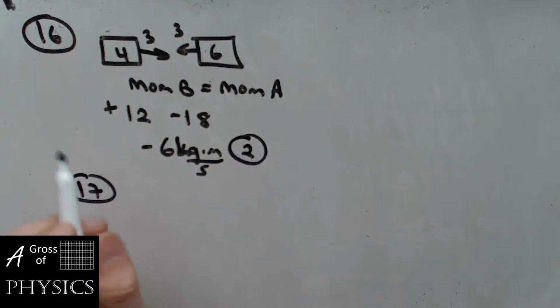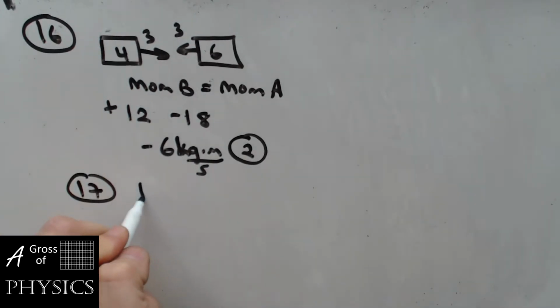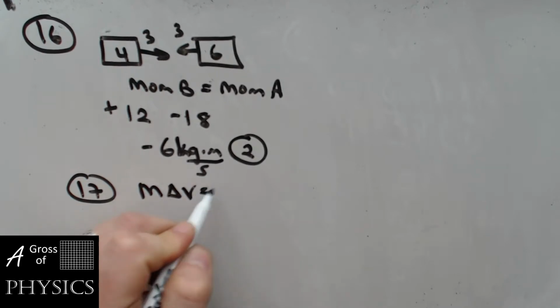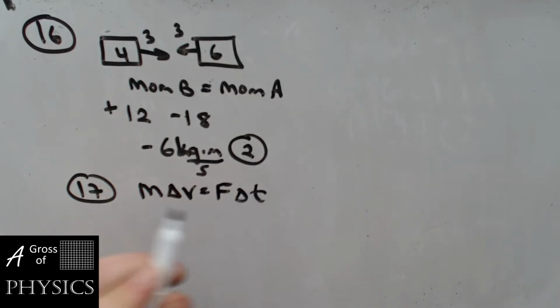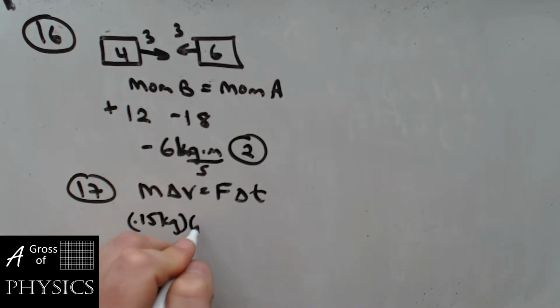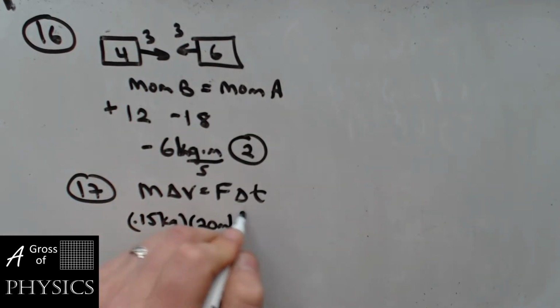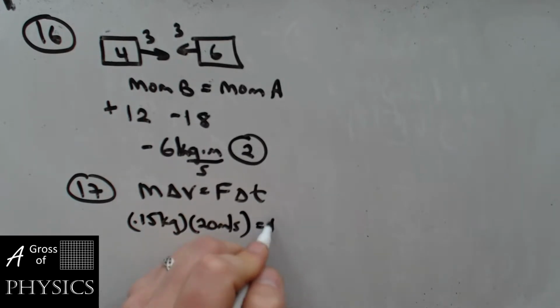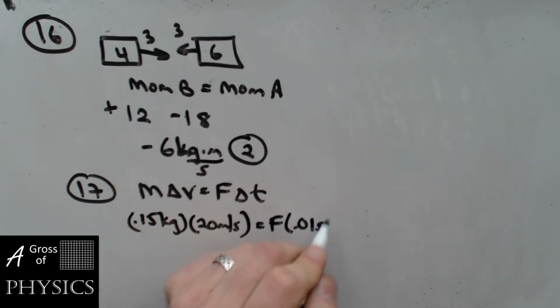17. We have another catcher's mitt problem. MAVFAT. 0.15 kilograms times 20 meters per second is a lot faster. F, 0.01 seconds.